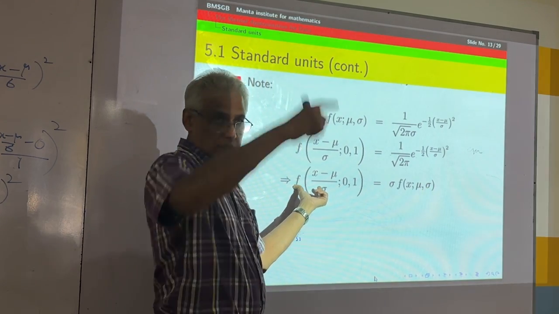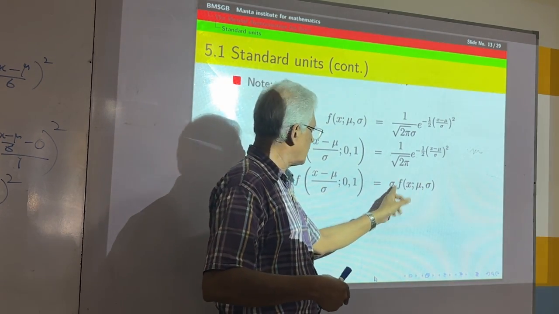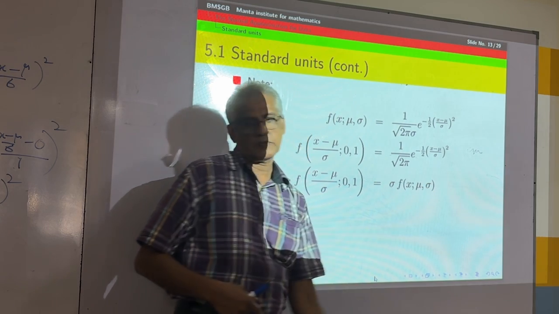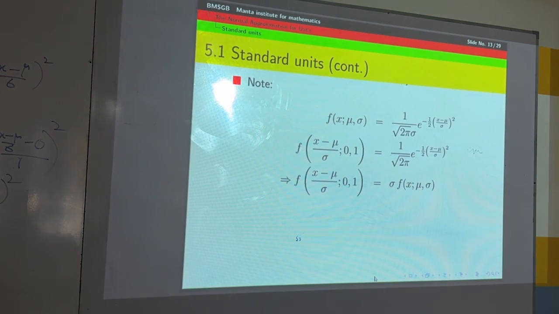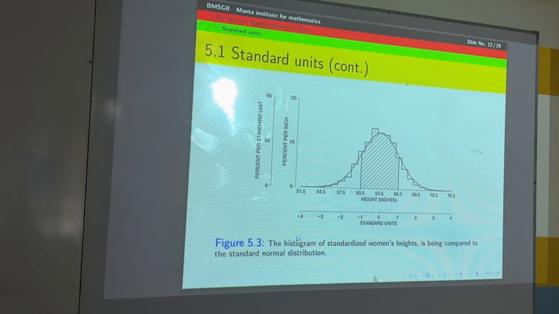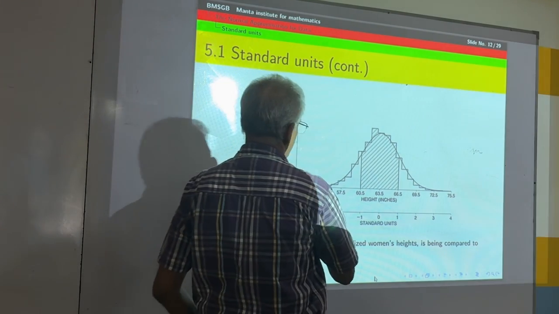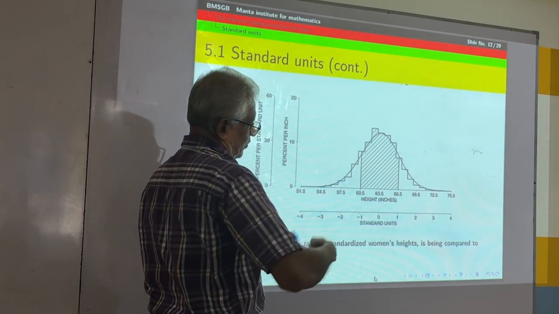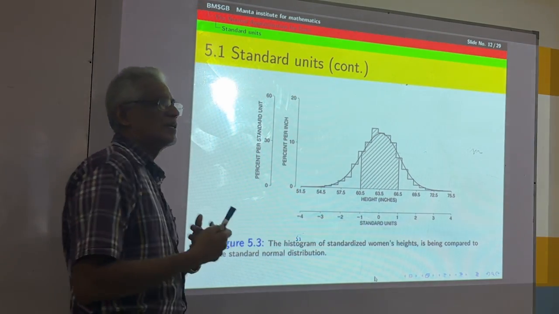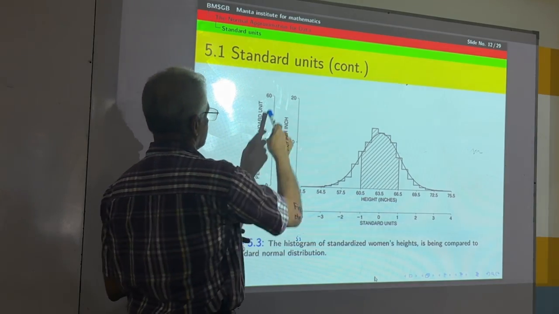So the standard normal height is equal to sigma times the original height. If you want to read it using the original scale, you have to read from this one. Otherwise, the same can be considered in a different scale, this scale and this scale.